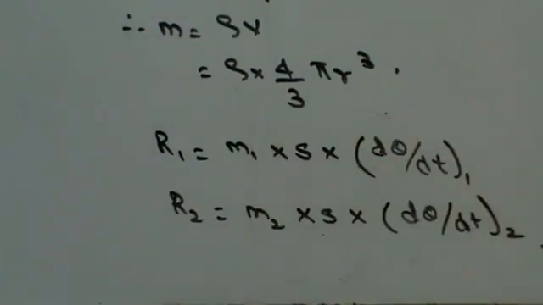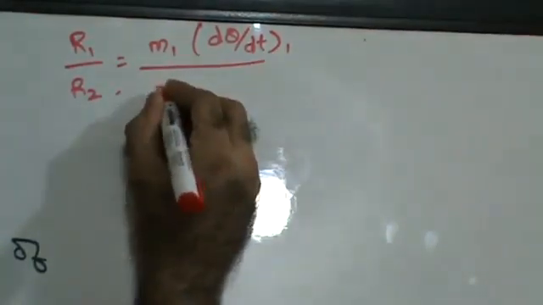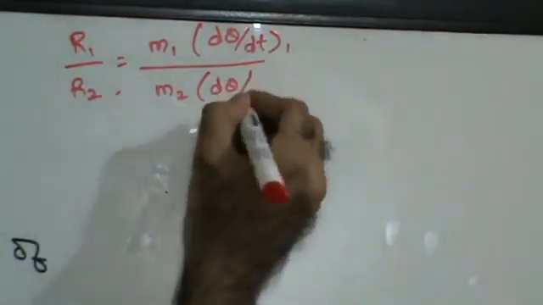Why have I kept s constant? Because they have given you right in the beginning of the sum that the body is made up of same material, right? In which case you can say that R1 upon R2 is nothing but m1 d theta by dt1 upon m2 d theta by dt2.